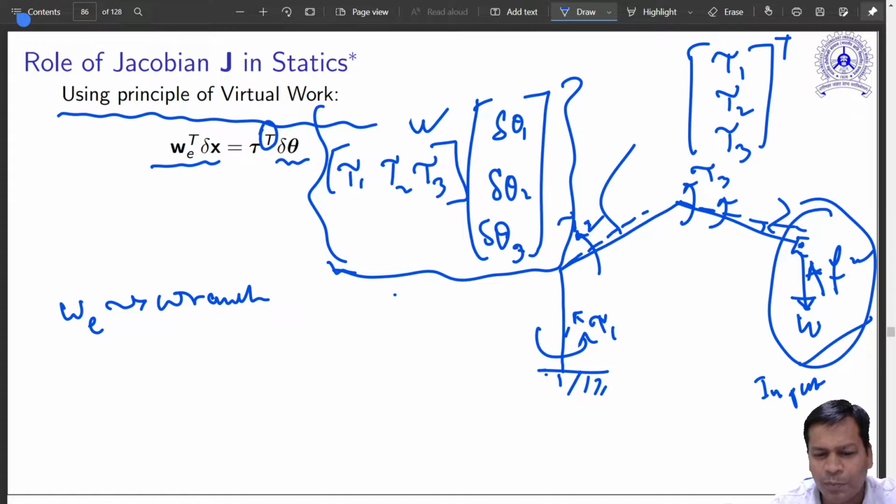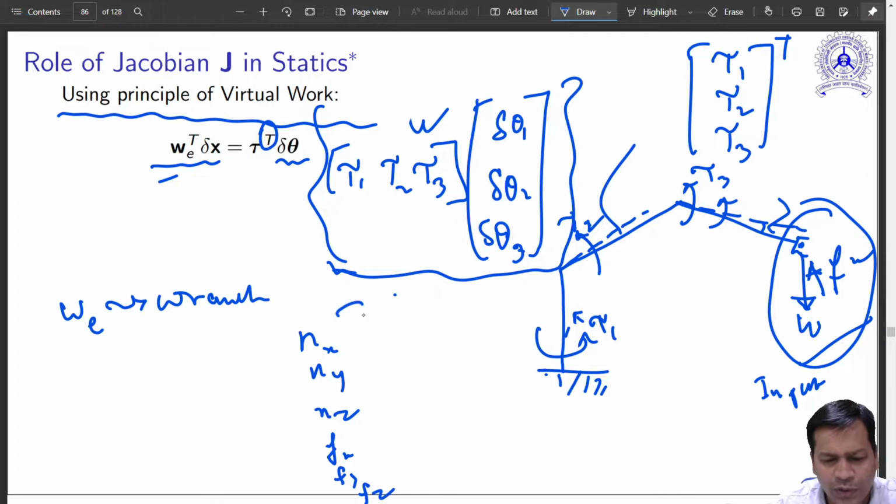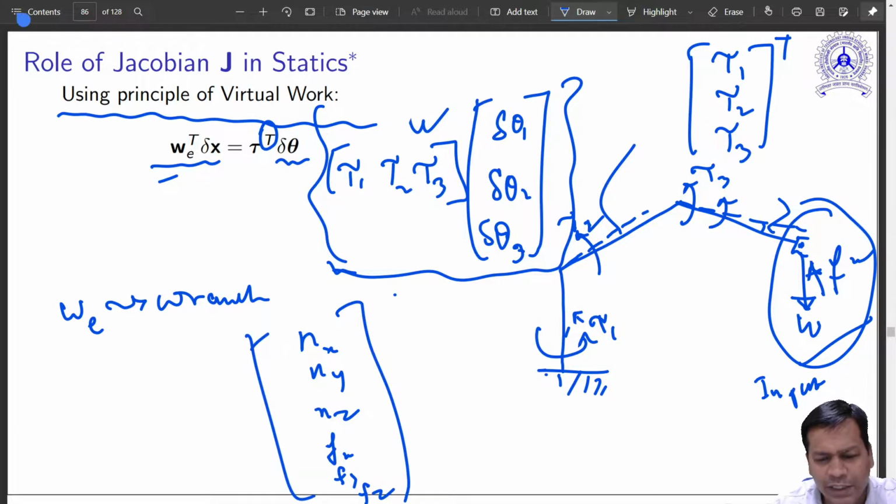This again is a vector. So you have nx, ny and nz, these three are the moments, and then you have forces fx, fy and fz, all together in a single matrix. Again, if I take the transpose, I am just arranging it in this manner.